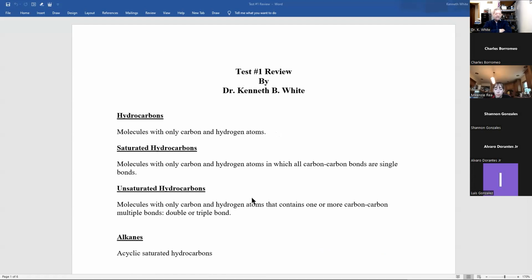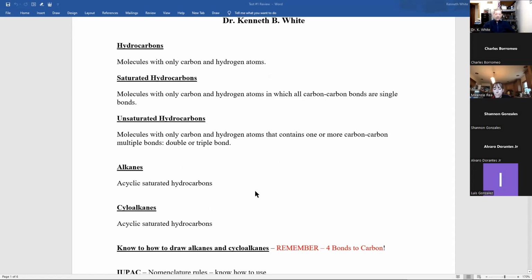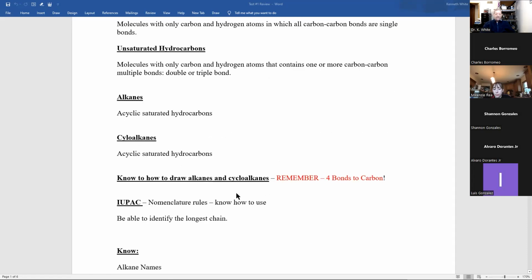An unsaturated hydrocarbon is a hydrocarbon with only carbon and hydrogen atoms that contains at least one double or triple bond, or you could have written down multiple bond. We talked about alkanes and cycloalkanes, and I taught you how to draw these.